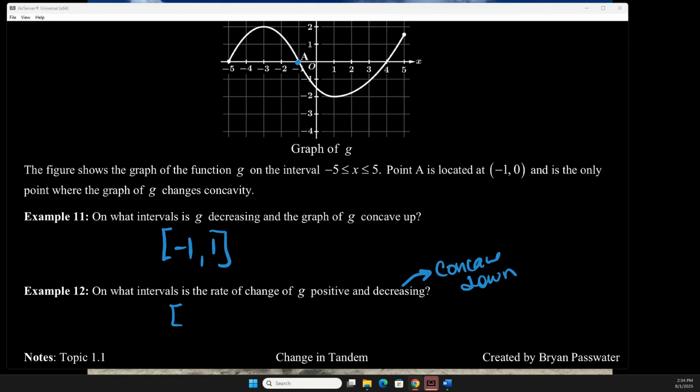Negative 5, negative 3. Yes. It's okay. So positive is a positive slope. So we're increasing and concave down. So it's another guy that looks like that. Yeah, that's negative 5 to negative 3.